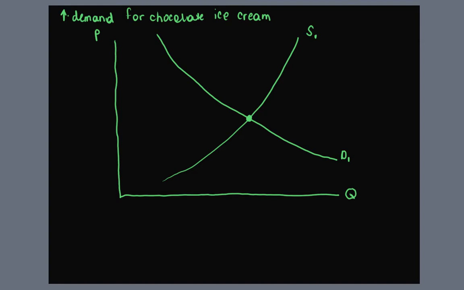This is our first equilibrium quantity, and if we come over to the left onto the y-axis, we get the equilibrium price. It's the price and quantity where buyers and sellers are happy. Buyers are getting what they demanded and sellers are selling what they would like to sell at that price.